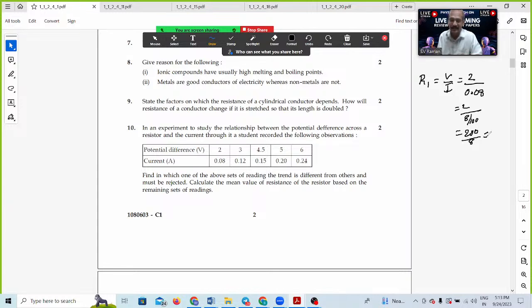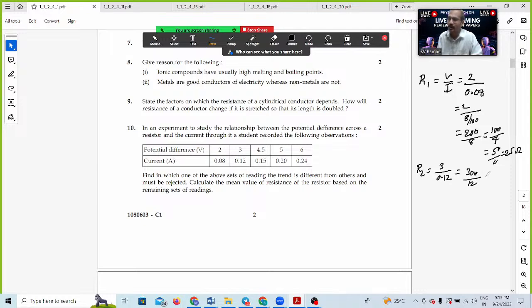Yes, still very slowly you can simplify, that is 100 by 4, in the sense of still 50 by 2, which is 25 ohms. We got it. Next, R2, second student resistance, that is again V by I, which is 3 by 0.12, which is 300 by 12.